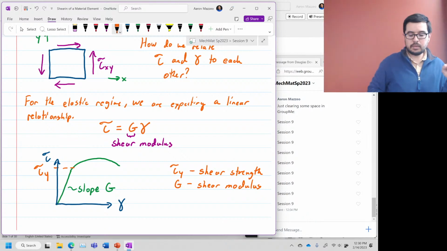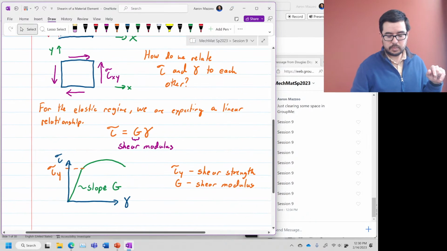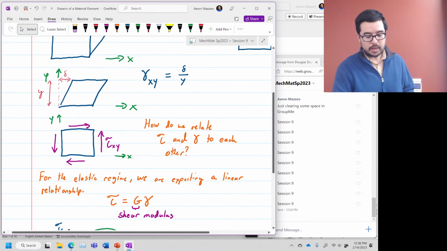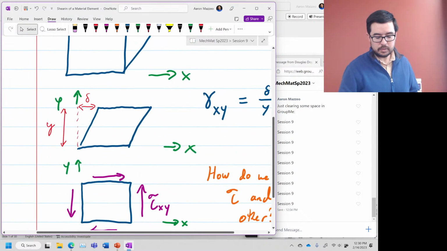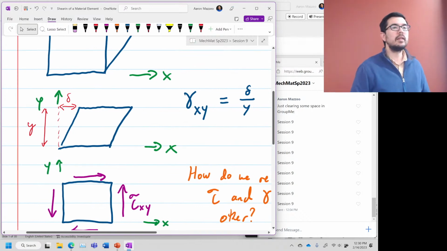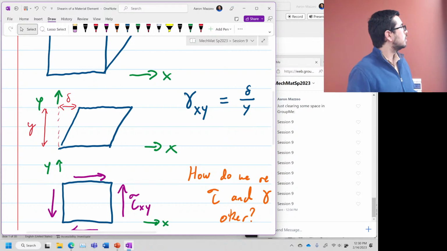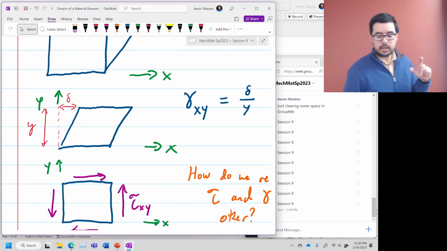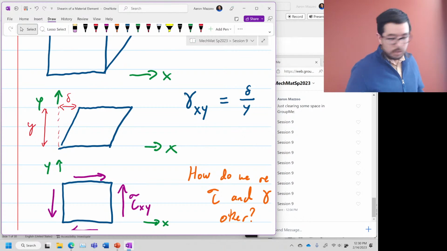Yes. What's the gamma supposed to be? Okay. What do you think? If you look back at this picture now, what do you think? Okay, so gamma, gamma xy, right?